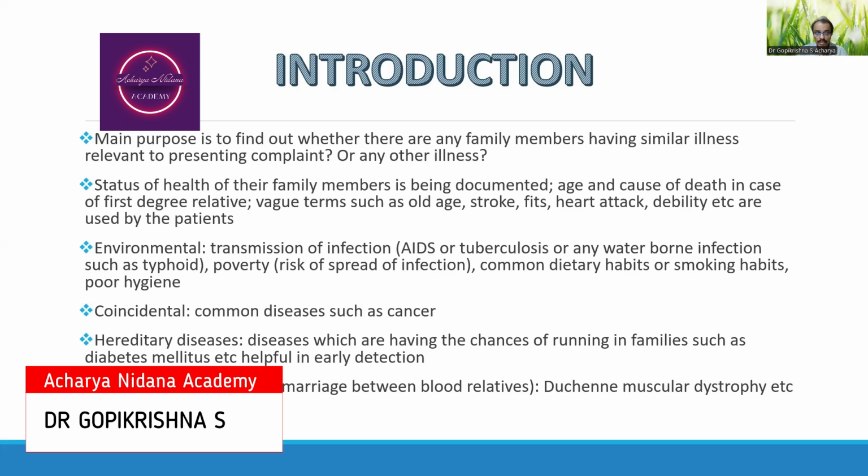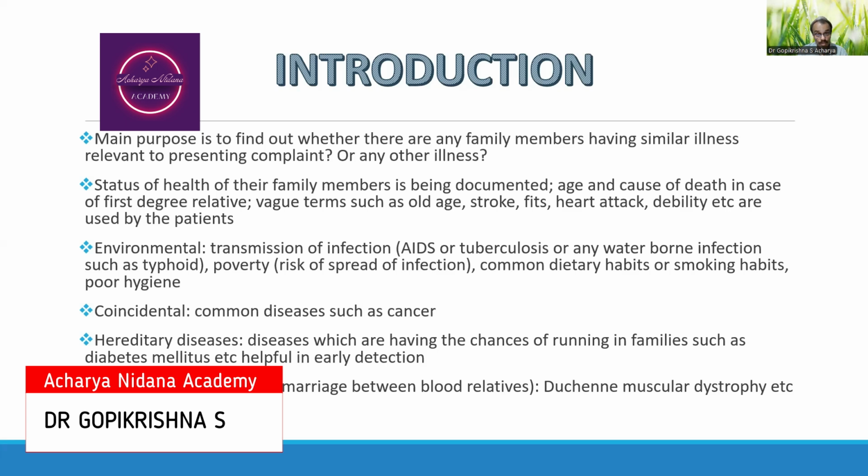Or, for example, repeated unprotected sexual intercourse may carry a possibility of sexually transmitted diseases, or AIDS, acquired immunodeficiency syndrome, etcetera. Or there is a possibility of waterborne infection such as typhoid in case of contaminated water intake.